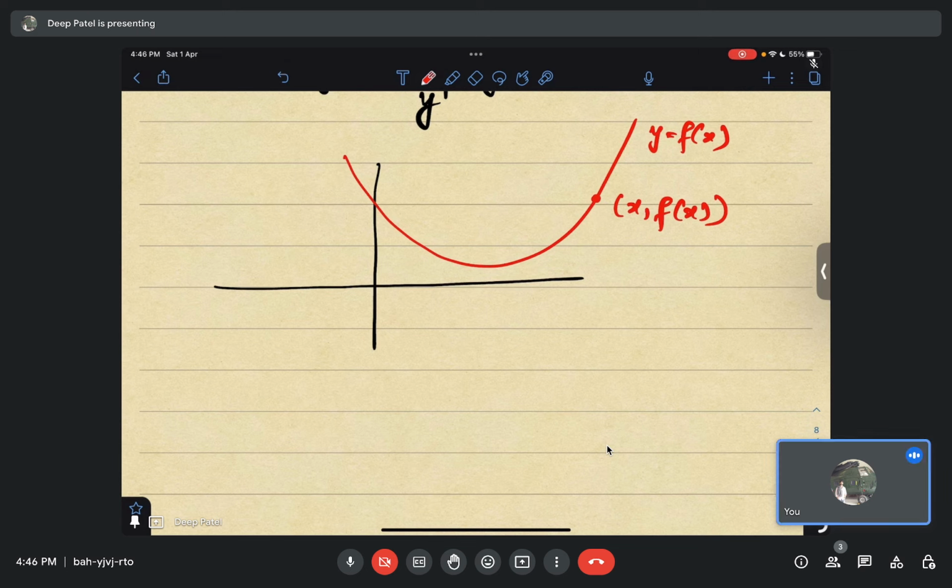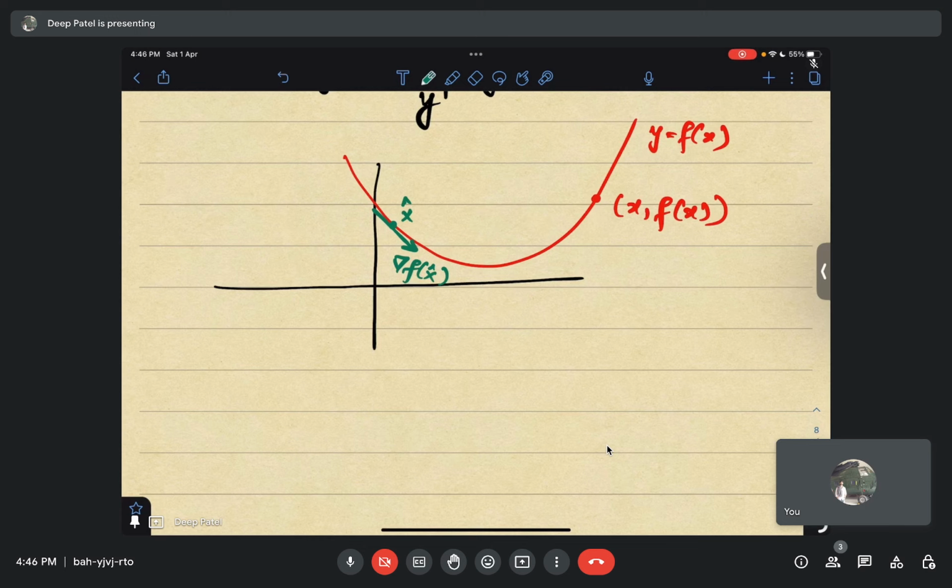Alternatively, what I could do is, let's say at a given point, this green point, I hope you are able to see the green dot here. Say I am at this point, let's call it x hat, and let's say I told you the slope at this point. So I gave you the gradient of f at x hat.